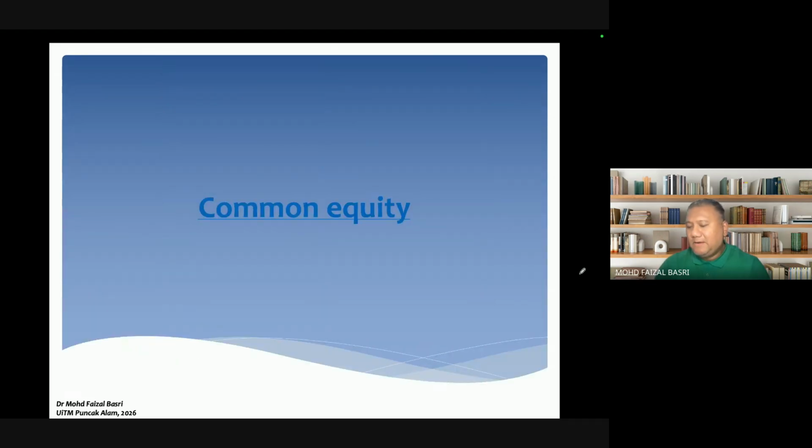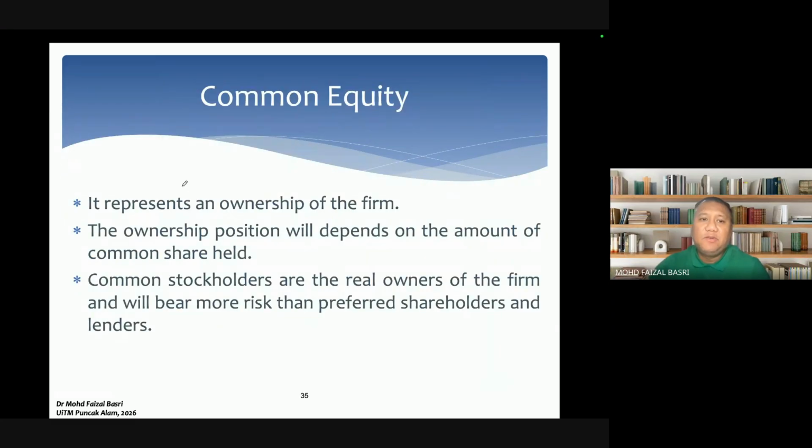So last but not least is the common stocks. So common stock ni is the most risky instruments. Cuma satu perbezaan dia, common equity ni ataupun common stock ni adalah represent the ownership. Okay, it represent the ownership.